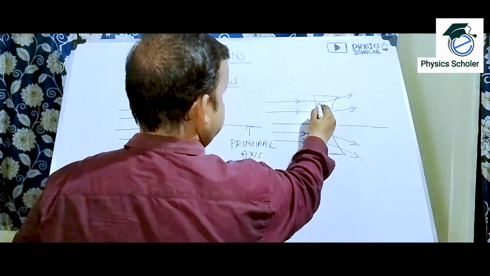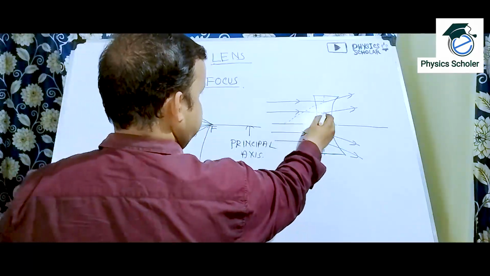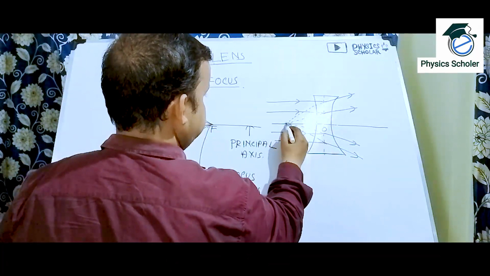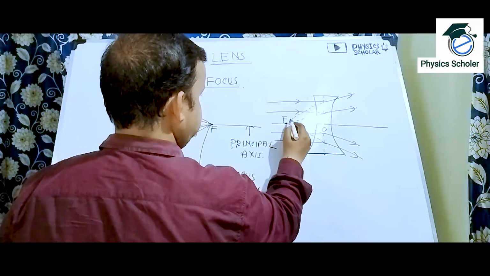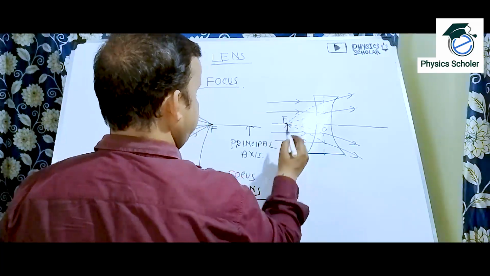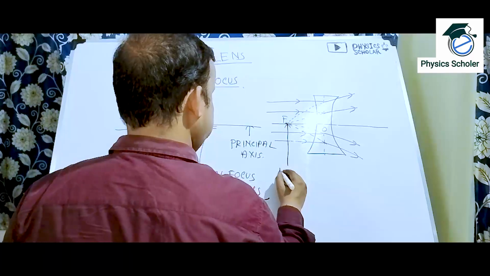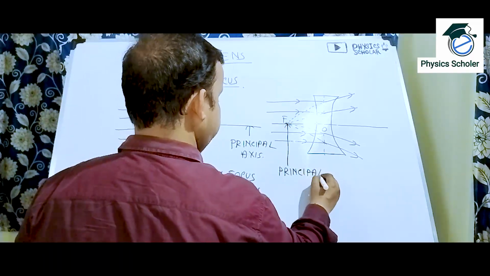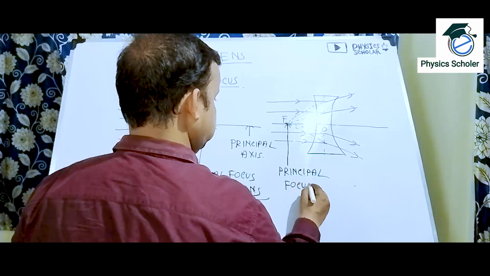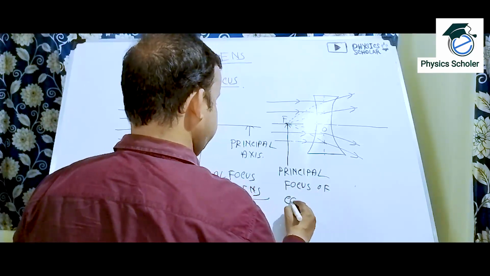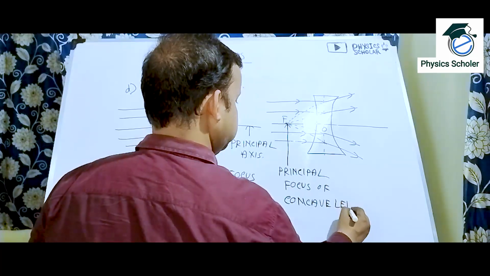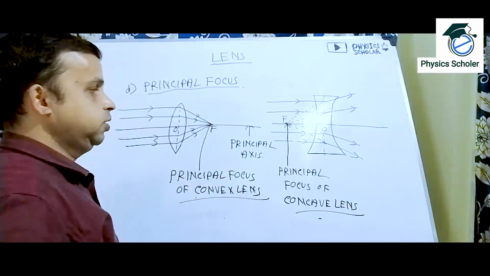If we extend them backward, they appear to meet at this point on the principal axis. This is known as the principal focus of the concave lens.